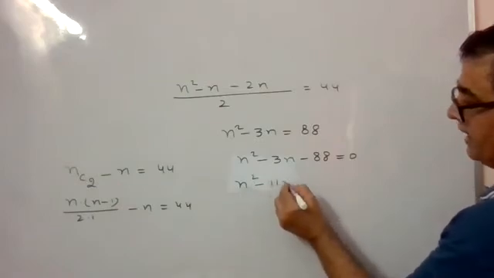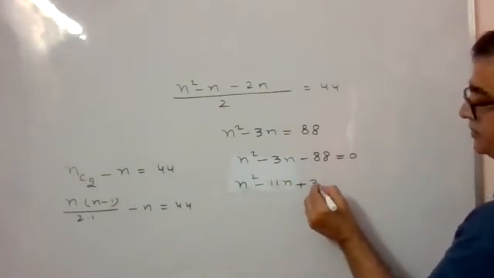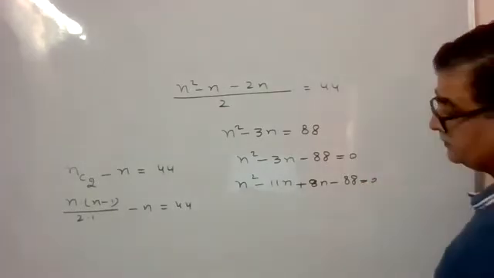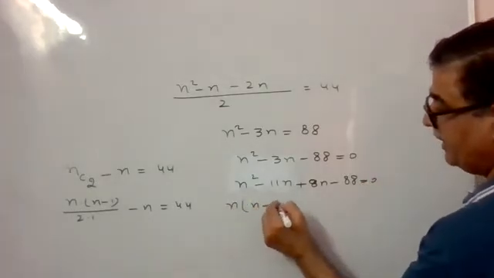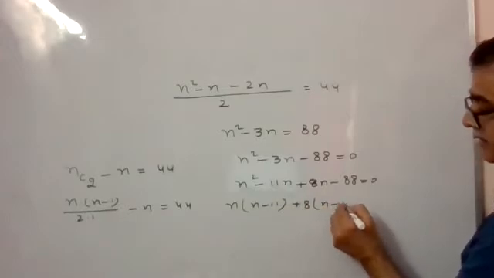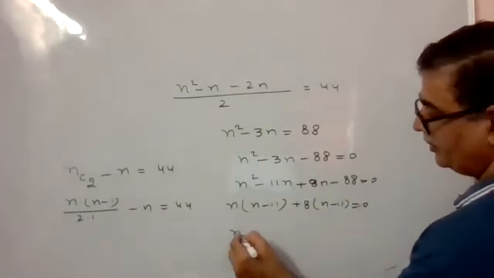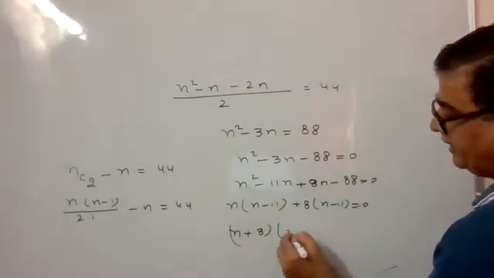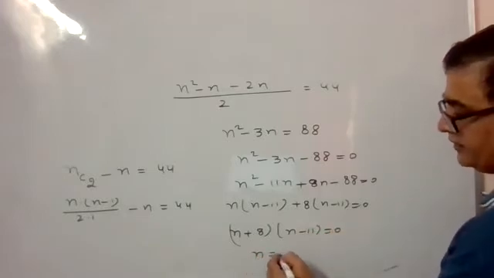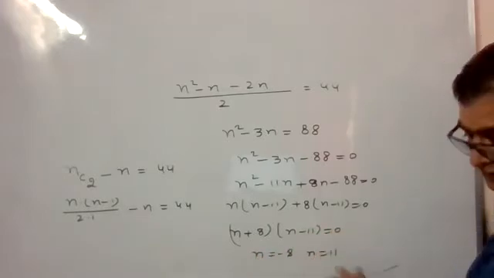Plus 11, minus 11n plus 8n. Now I take n common, it will be n minus 11. Then I take 8 common, n minus 11. So I got n plus 8 and n minus 11 equals 0. That indicates n is minus 8 and n is 11.